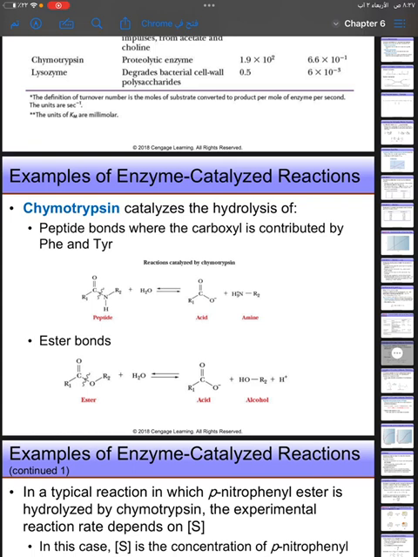Because it is a protease that breaks down proteins, it will break the peptide bond. This enzyme can break the peptide bond when we have phenylalanine or tyrosine at the carboxyl end.